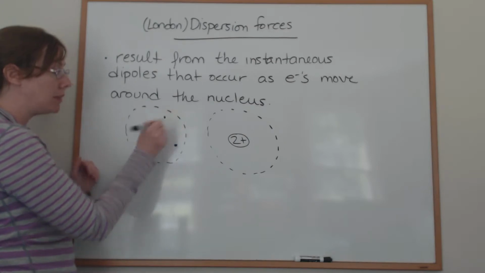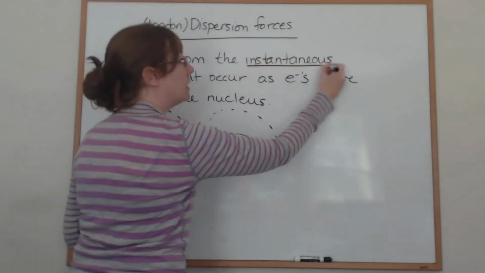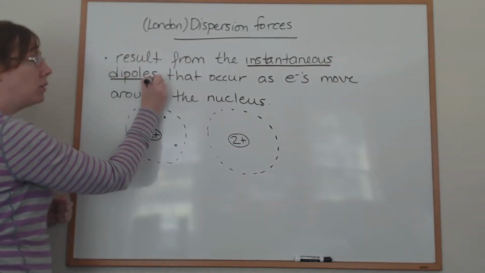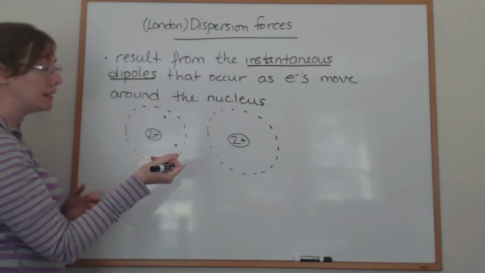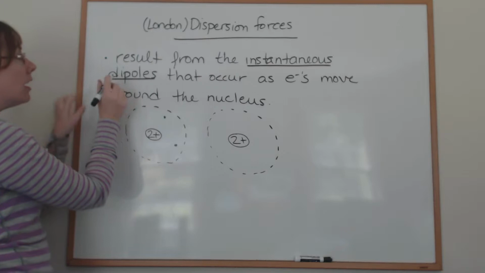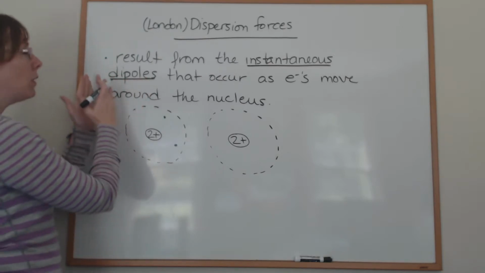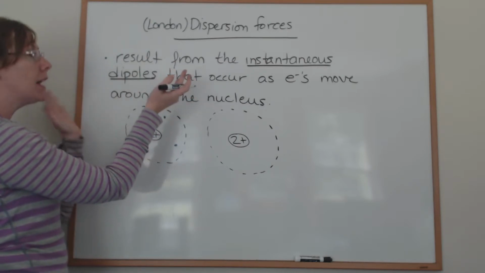There are really 2 things that happen as a result of that. Number 1, you will get what's called an instantaneous dipole. Instantaneous means instant, or fleeting to an extent as well, but it happens in an instant, and it frankly can be fleeting as well. And a dipole is any time you have a separation of charges, where it's polar, where you've got a positive side and a negative side.